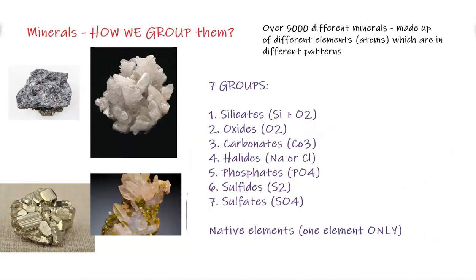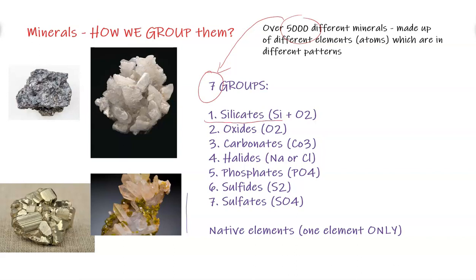So when you establish a certain chemical composition, what you can do is, of all these different minerals, at least 5,000 minerals that have different kinds of combinations or singular elements or atoms inside of them, you can actually group them into just seven groups. All right, so the main one is silicates.